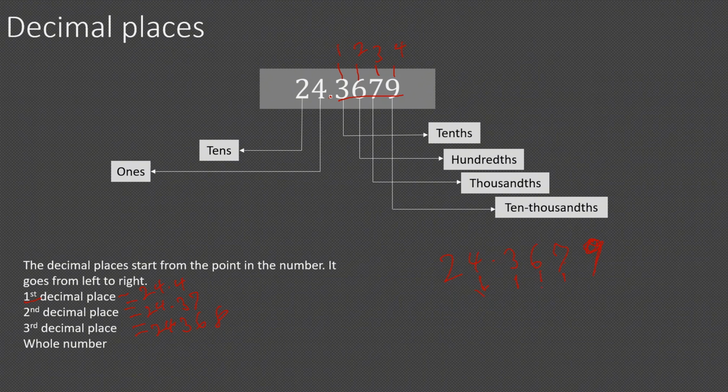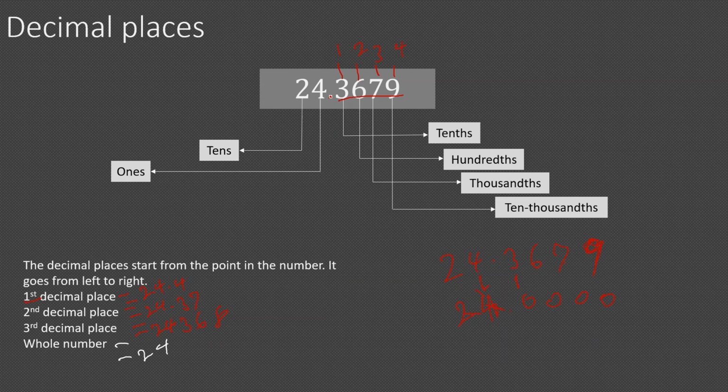Now 3 cannot be rounded up, rather it should be rounded down because 3 is in the range of 0 to 4. So 24 will stay as 24, and the remaining will now be 0, 0, 0, 0. And so what we will have is only 24 for the last one.